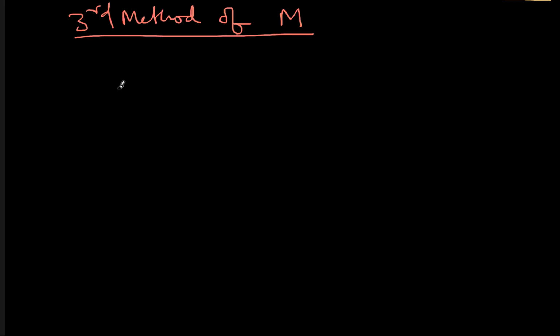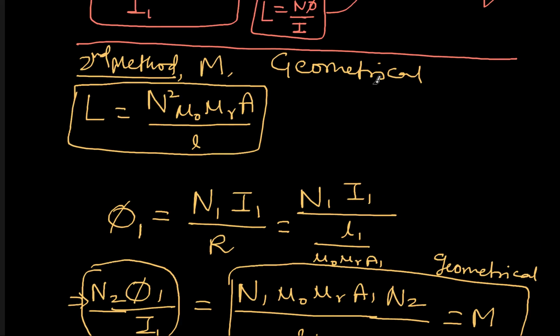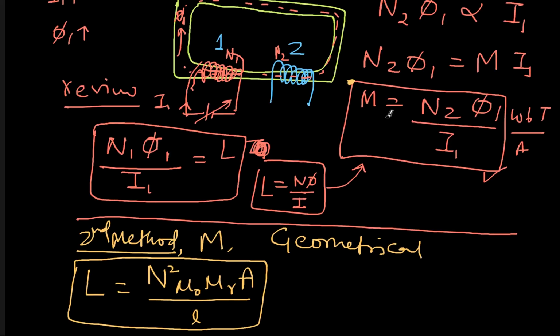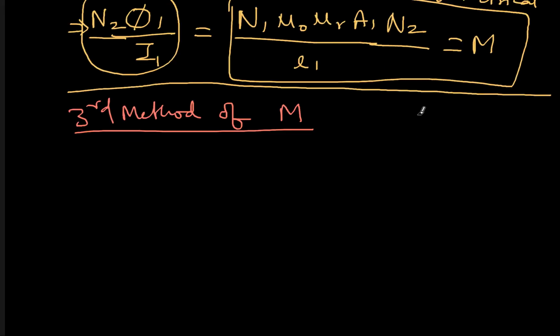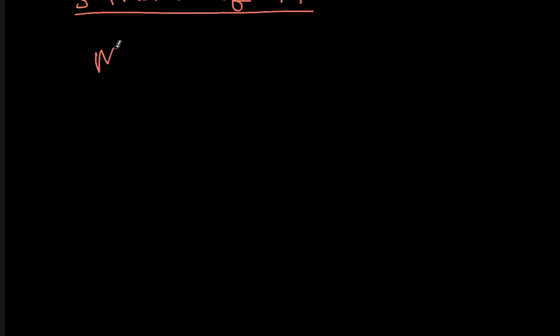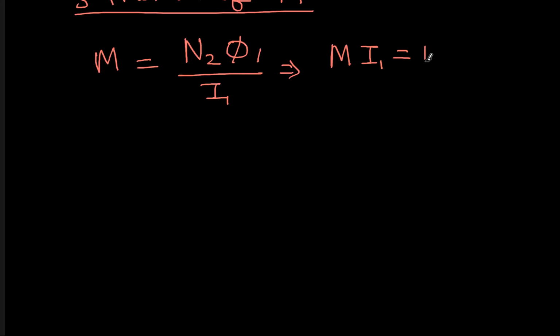What is the third method of defining M? Go back to the first method. M is nothing but N2 phi 1 by I1. I'll write this as M into I1 equal to N2 into phi 1. Now I differentiate both sides with respect to time, d by dt.